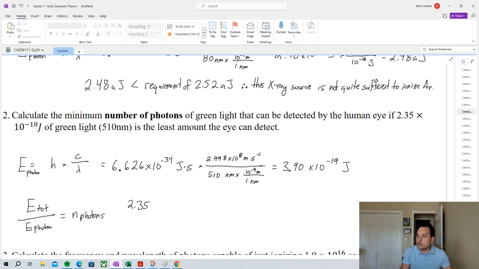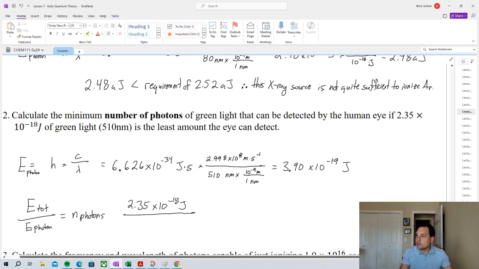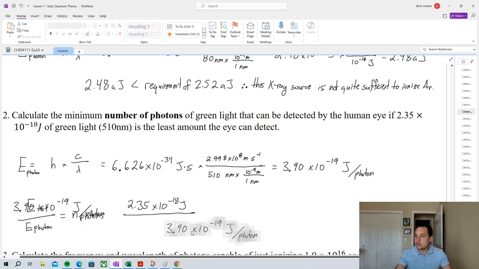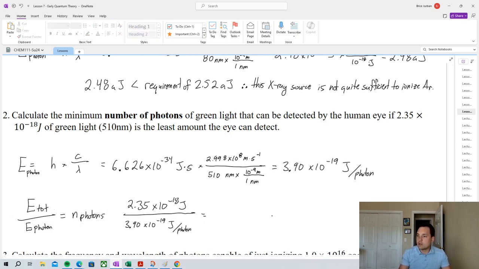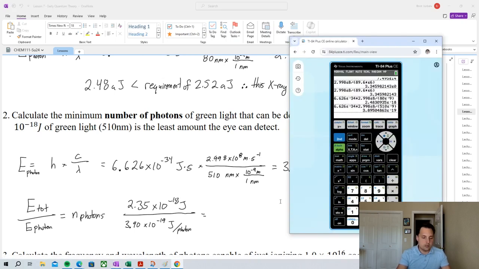Okay, so we need 2.35 times 10 to the negative 18 joules. This is the joule per photon. And what do we get?